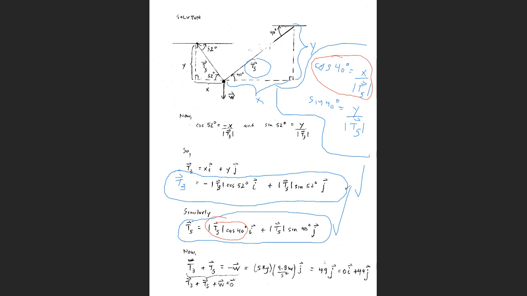And based on this equation here, the y component would be the sine of 40 degrees times the magnitude of the T5 vector.